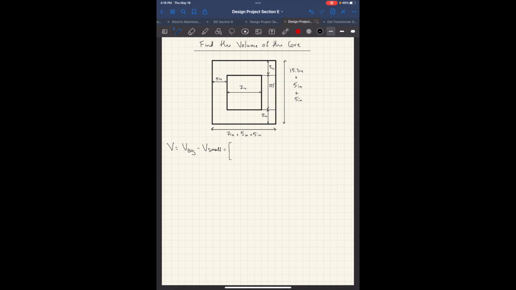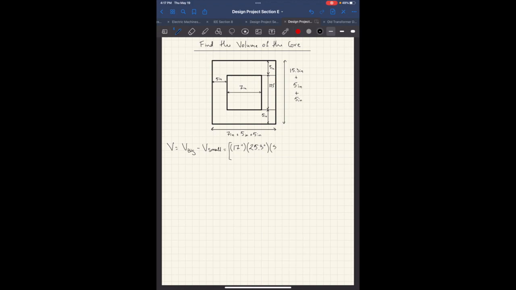Volume of the big guy. We need the height, the width, and the depth. In our case, the depth will also be 5 inches. So this distance, 7 plus 5 plus 5, obviously 17 inches. This height over here is going to be 25.3 inches.